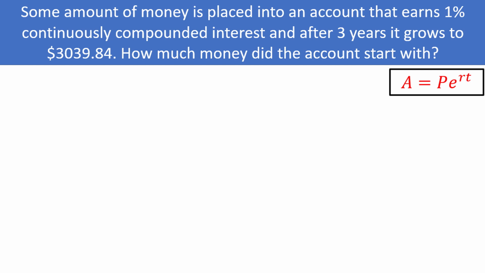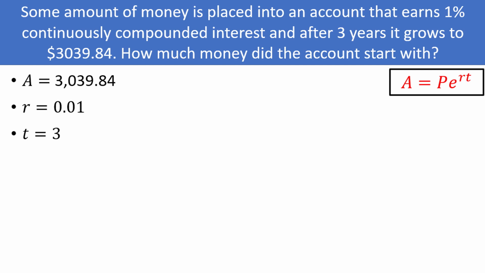Well, let's write down the given information. A equals 3,039.84, which is the value in the account after 3 years. r equals 0.01 for our 1% interest rate. t equals 3 for the 3 years.